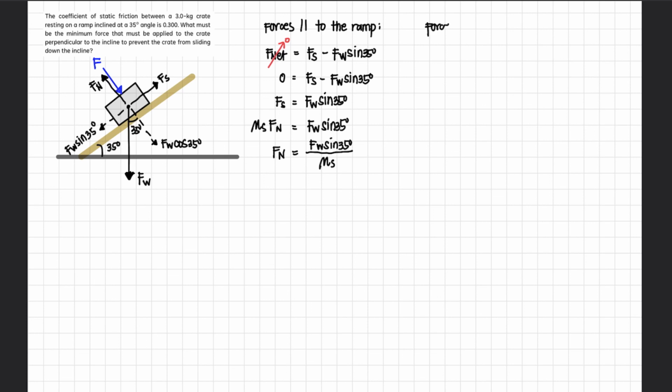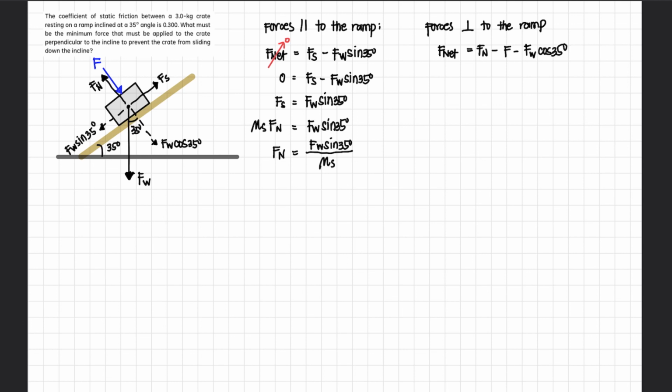And then we consider the forces perpendicular to the ramp. So the net force is equal to all the upward forces, and that is only the normal force, Fn. And all the downward forces. We have the applied force, F, minus the component of the weight, Fw cosine of 35 degrees.